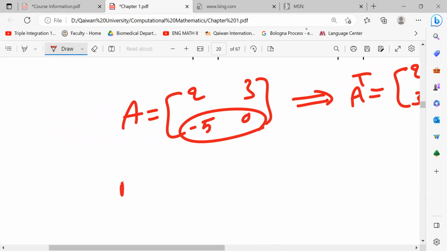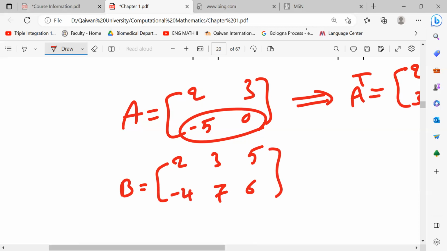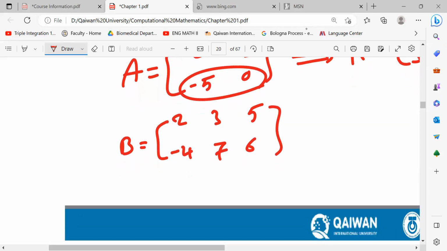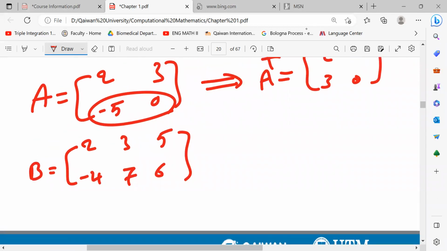That's how to find the transpose of a matrix. Let's have another example. B has rows 2, 3, 5 and -4, 7, 6. If you have this, how do you find its transpose? Here, B transpose. How many rows do you have? 2.